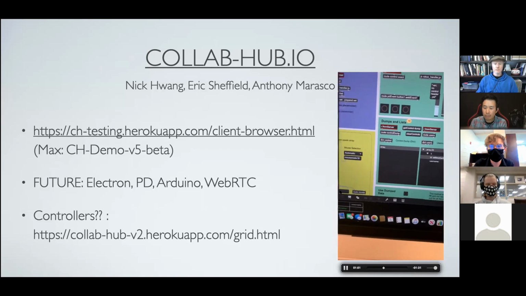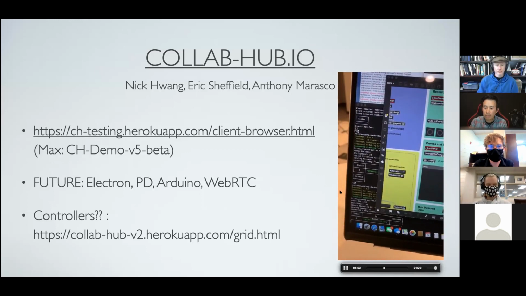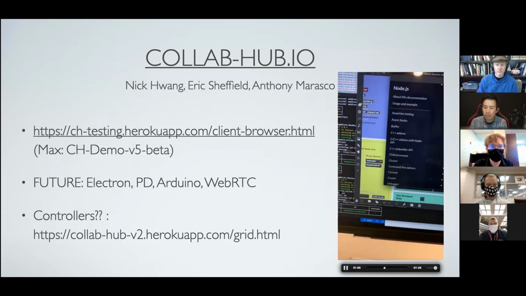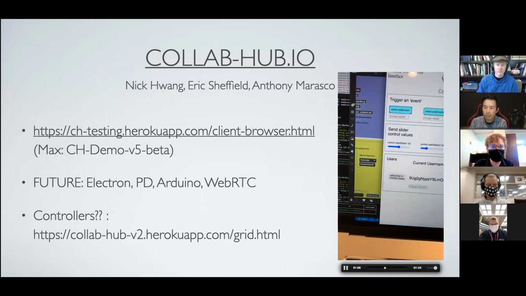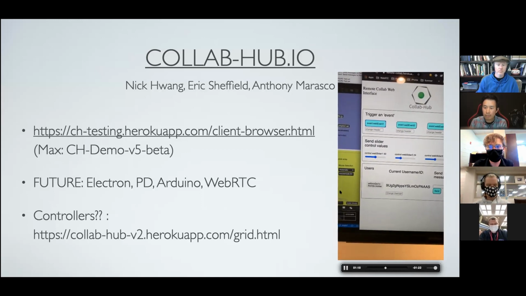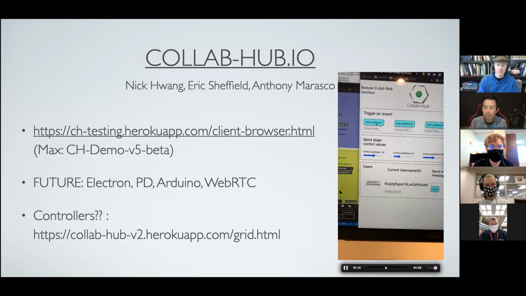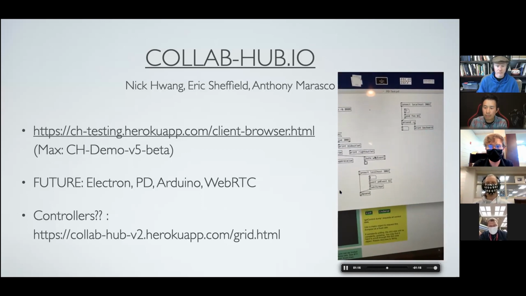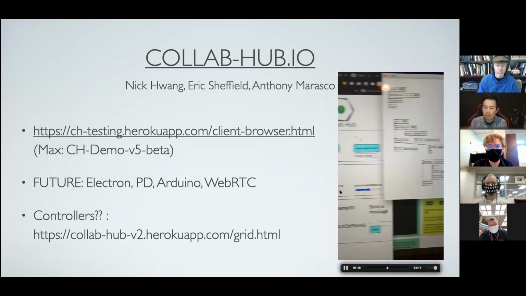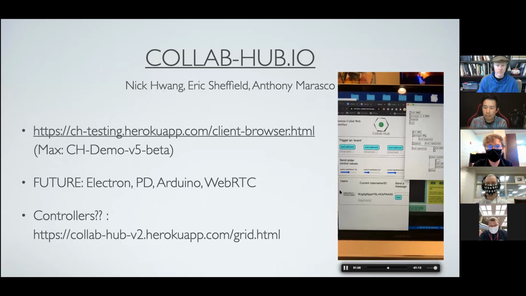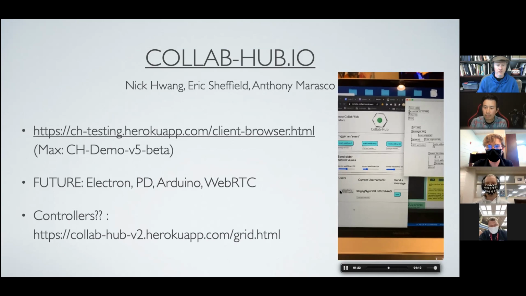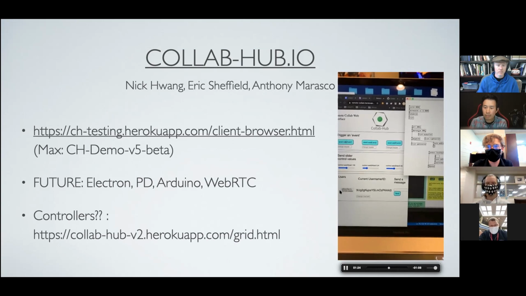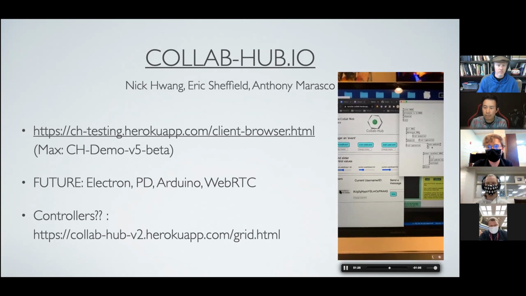I will bring up a third instance, which is the web interface, and I'm going to tap this web event here, and the PD is going to be routing that web event. So zoom out a little bit. I'm going to push this button here on the web interface, and we should see that bang light up here.